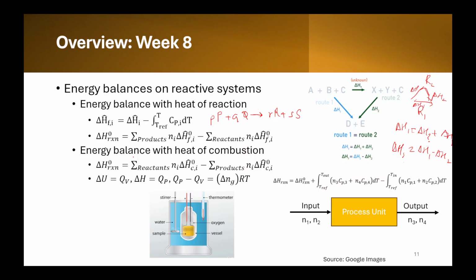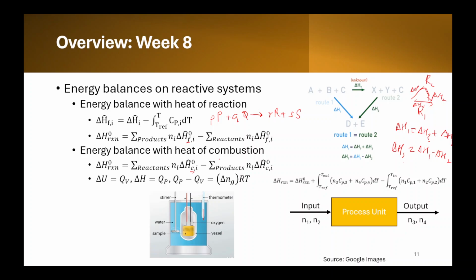So here you see the heat of reaction in terms of heat of combustion is different from what is given in the heat of reaction in terms of heat of formation. Please keep in mind this subscript. So this F is for formation, this is for combustion, and here you see the terms are reversed. So here the first term is reactant and the second term is products.